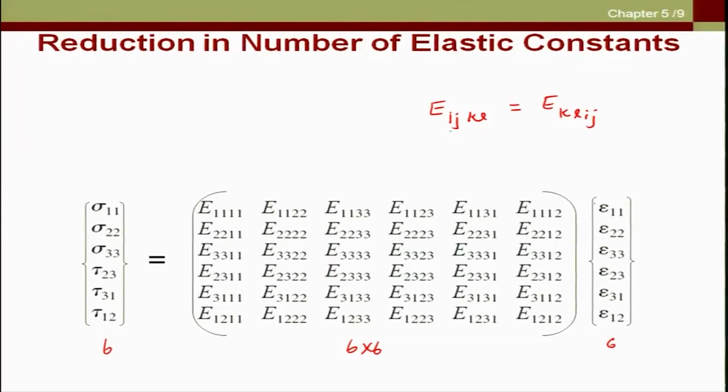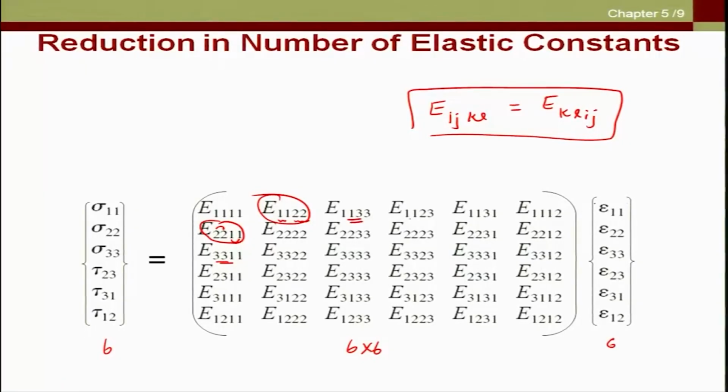But if ijkl is equal to klij, what does that mean? Here kl is 22 and ij is 11, right? Here ij is 22 and kl is 11, which means, if this equality holds, then this term is same as this term.